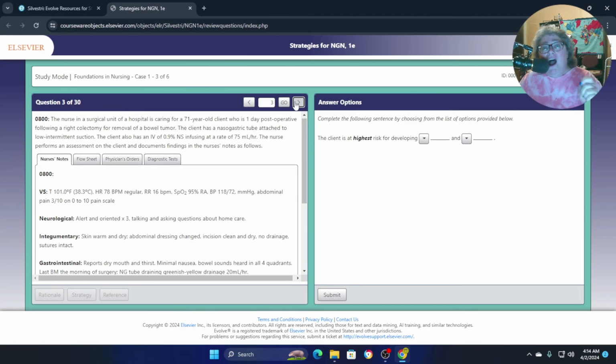Study hard. I am taking the emails and the phone calls from that medical school in Florida everybody's having a hard time with. And I don't know if I can help everybody with everything. Okay, some of you are calling for ATI refreshers. What I'm going to do is everybody just email me or call me. I'll set up a Zoom meeting and see if and how I can help you.